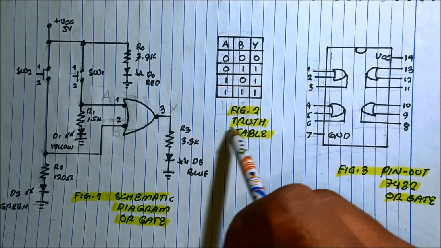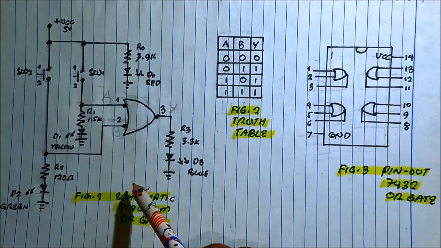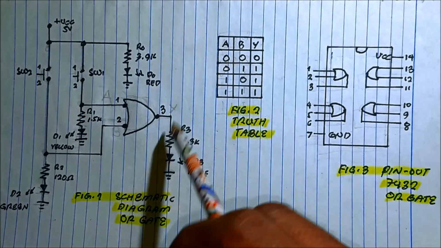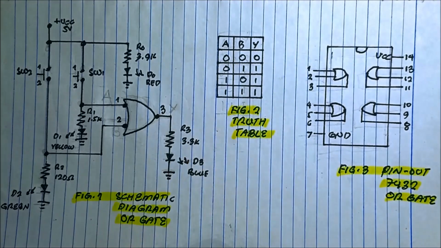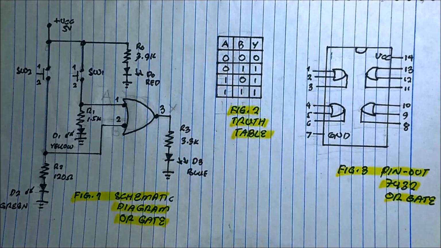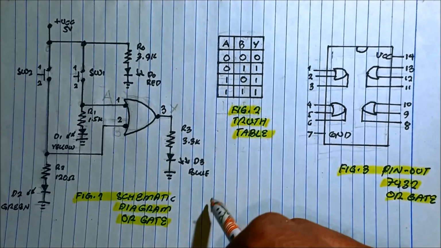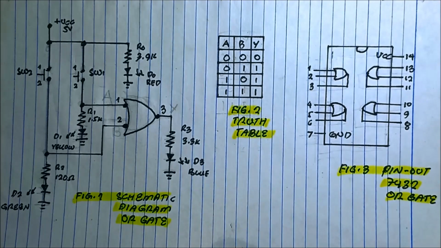And then in the truth table, we have this 0 and 1. What do this 0 and 1 represent? 0 represents a low level or low logic level or off condition, low level voltage or ground.